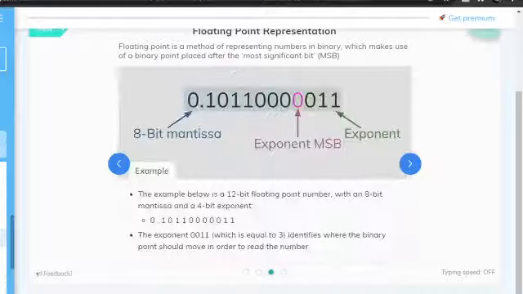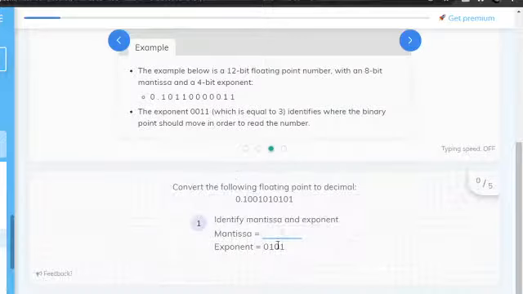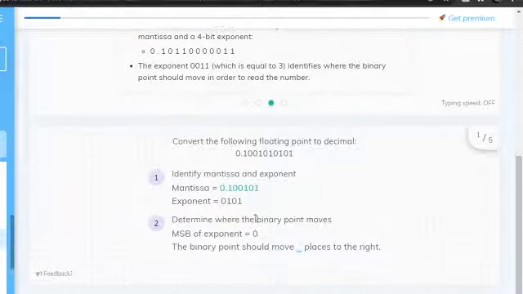So, convert the following number from floating point into decimal. I will show you the other way around using this. The mantissa is obviously 1001010. So that'd be 100101, that's the mantissa, and that's the exponent.